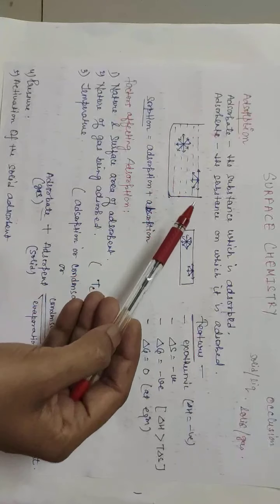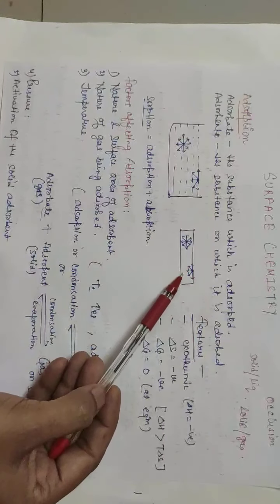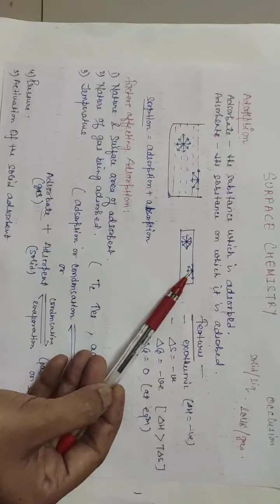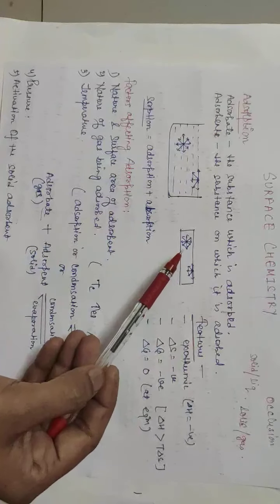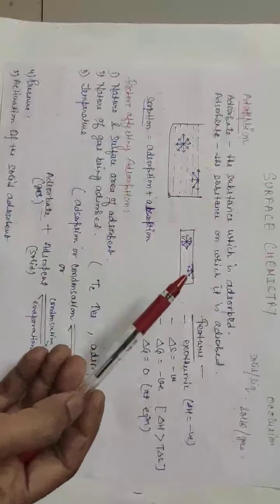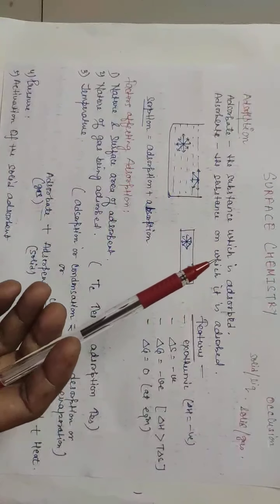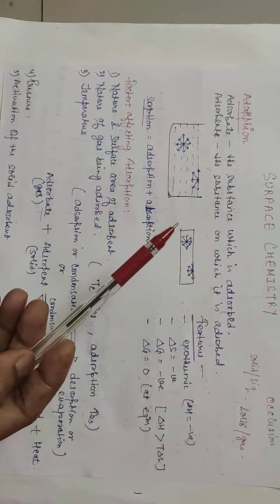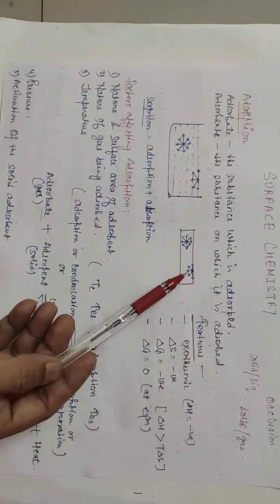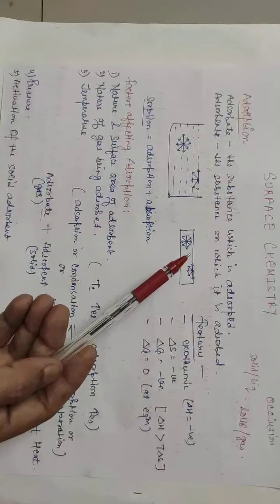Similar inward forces of attraction exist on the surface of a solid also. In certain solids like transition metals such as nickel, there are unutilized free valencies on the surface.